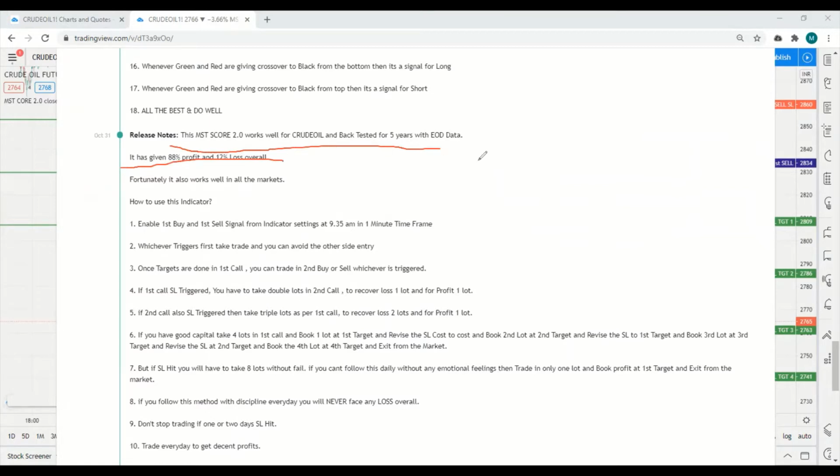So we are telling you in advance that you will get an 88% success rate and will have to face 12% loss. It means if you are trading for 22 days, our minimum target is 25 points per day. So 22 into 25, how many points? I will calculate and show you. Calculator.